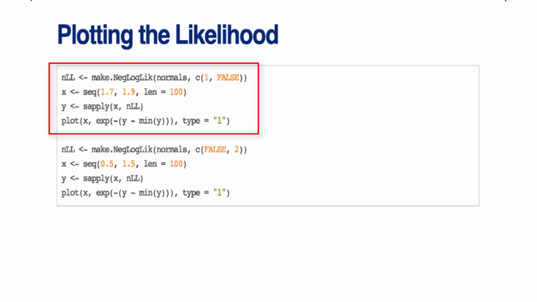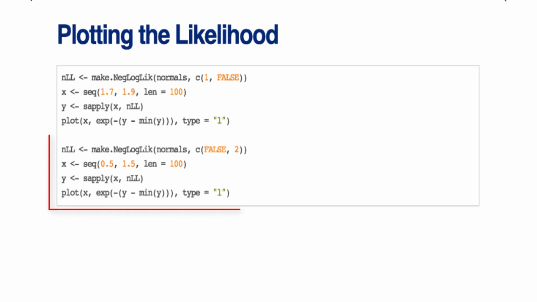And so I construct my function here, NLL, and I construct a sequence of grid values for the x coordinate, and then I apply my NLL function to all those grid points and create my y variable. So now I can just call plot with the x and the y's and connect the dots using type equal to L. Similarly, I can plot the negative log likelihood as a function of the mean by fixing sigma to equal 2 and letting mu vary.